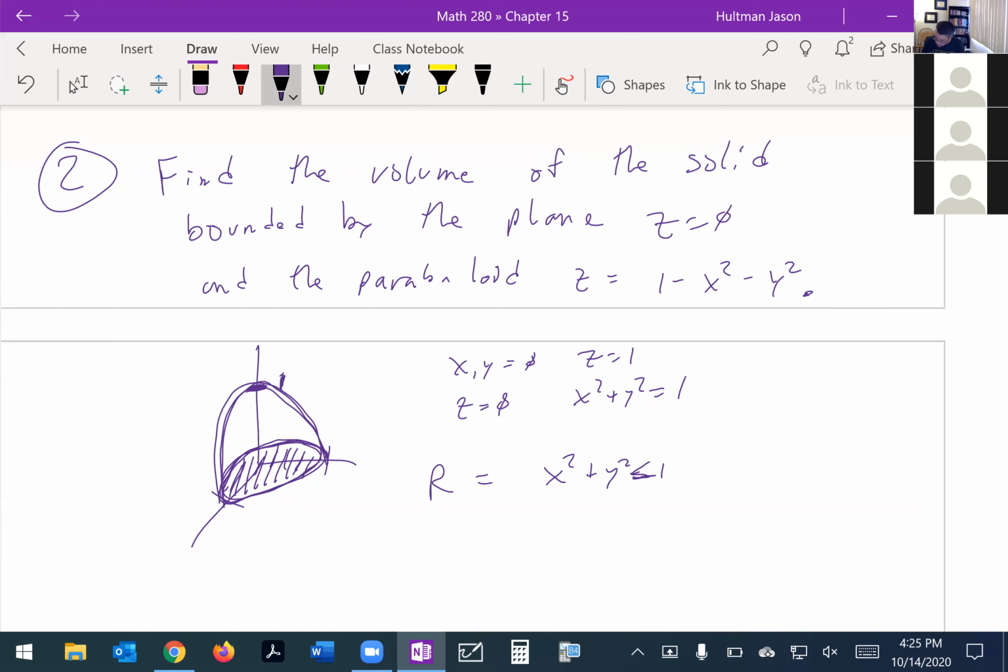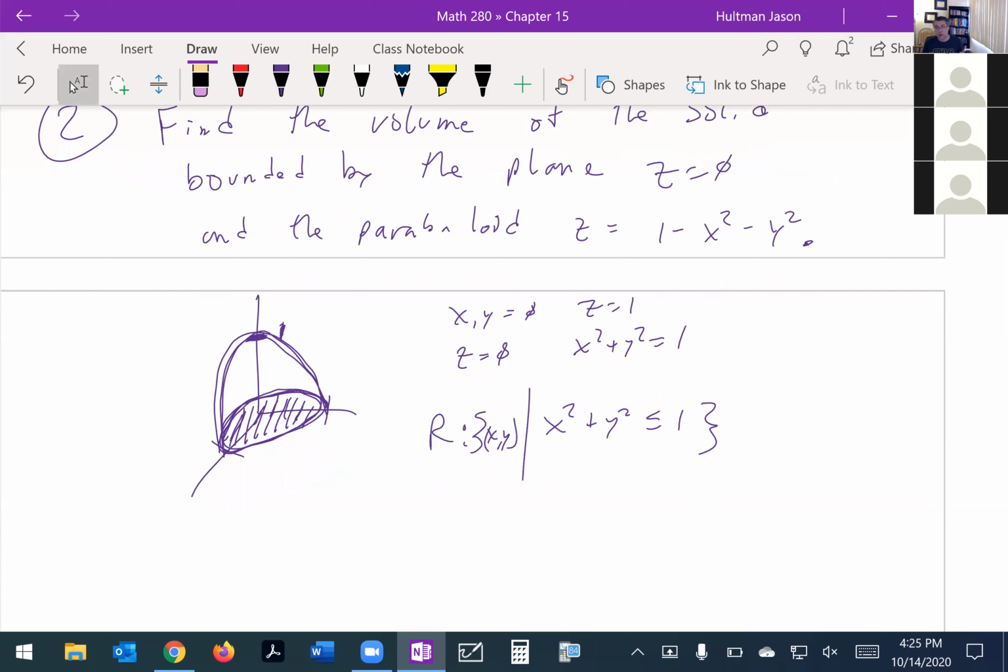That's the domain. We could say this is xy such that x squared plus y squared is less than or equal to 1.